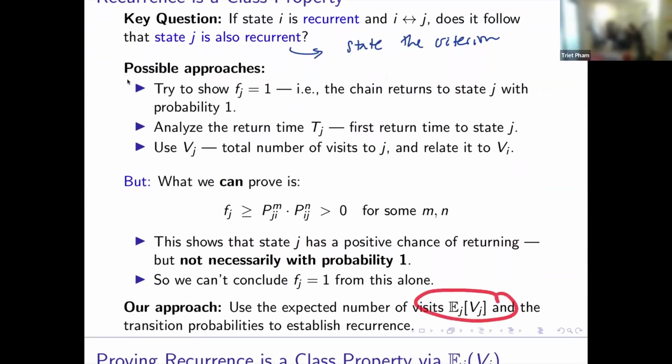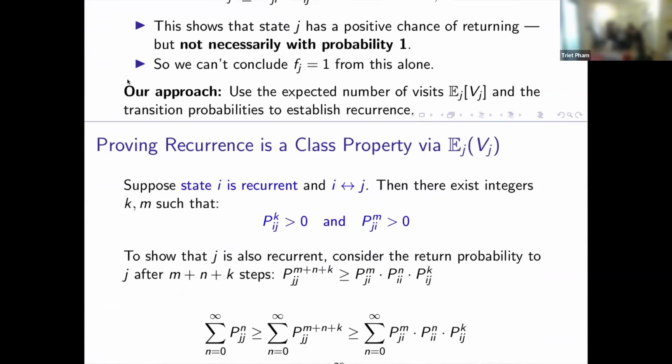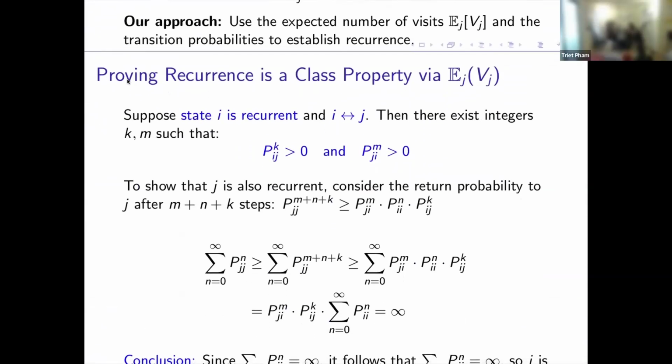So the approach via the number of visits actually is more promising, because we do have the identity of the sum. And we just have to show it's equivalent. So again, we showed this last time. We talked about this. It's not new, but now we're reharping on the technicalities.